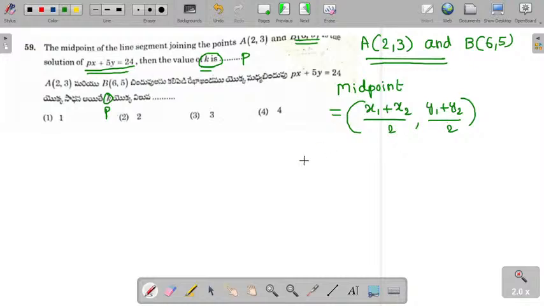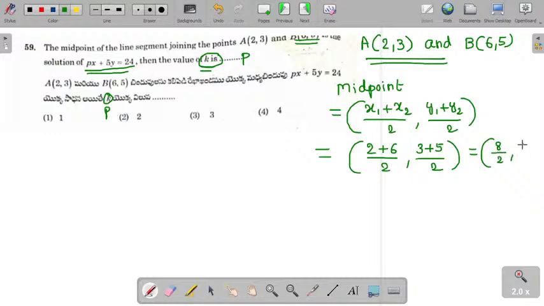It can be stated in that manner also. So the arithmetic mean of 2 and 6 is 2 plus 6 by 2. Next, the arithmetic mean of y coordinates, 3 plus 5 by 2. So what do we get? 8 by 2 comma 8 by 2. By dividing 8 by 2, you will be getting 4. So 4 comma 4.